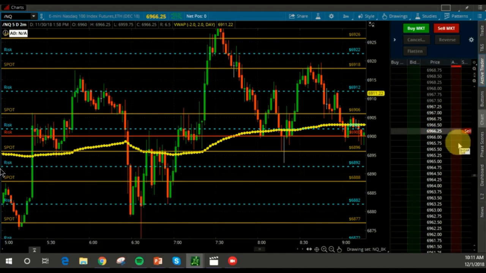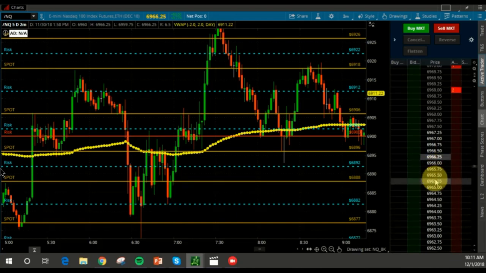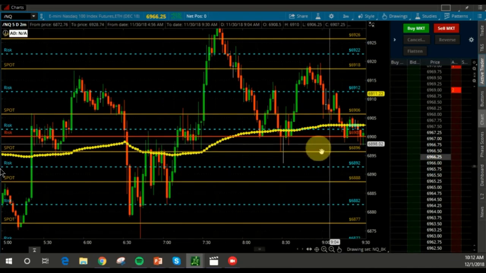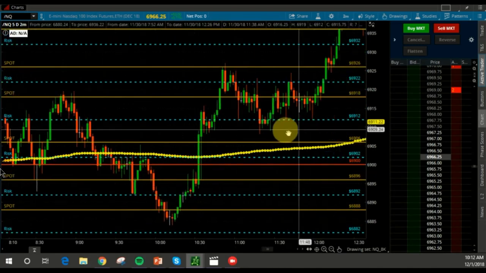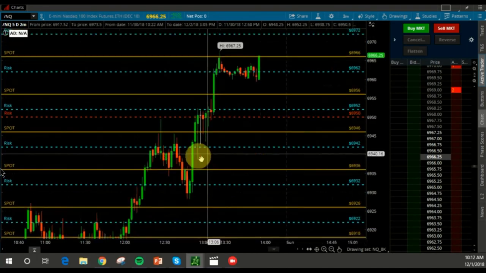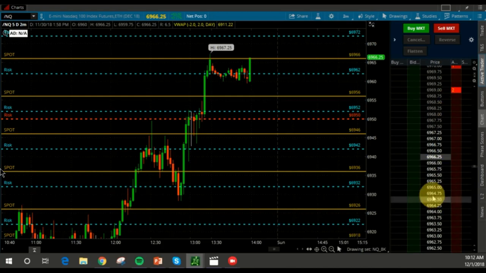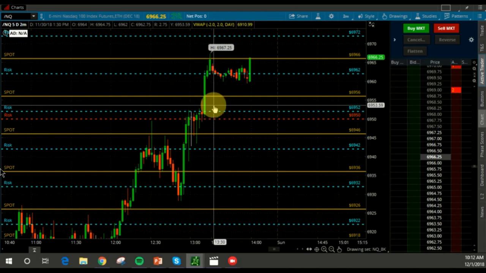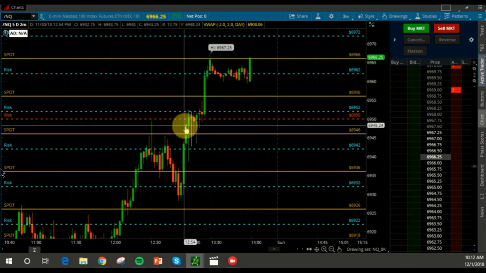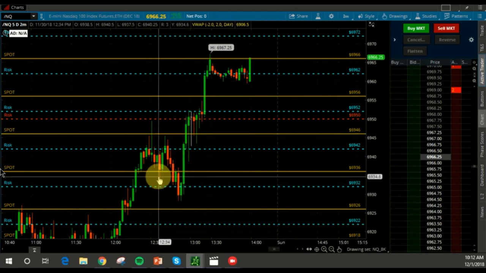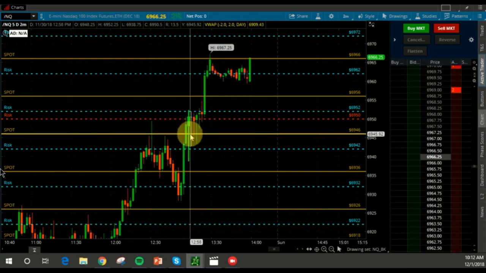It's just about navigating through this. Now, I encourage all of you guys to not just jump in and start trading this. You need to trade this on the sim, on your simulator, to get the mechanics of this and all of that down pat, where the market is moving fast, but you know if you want to get long based on a trend, you need to be bidding here.